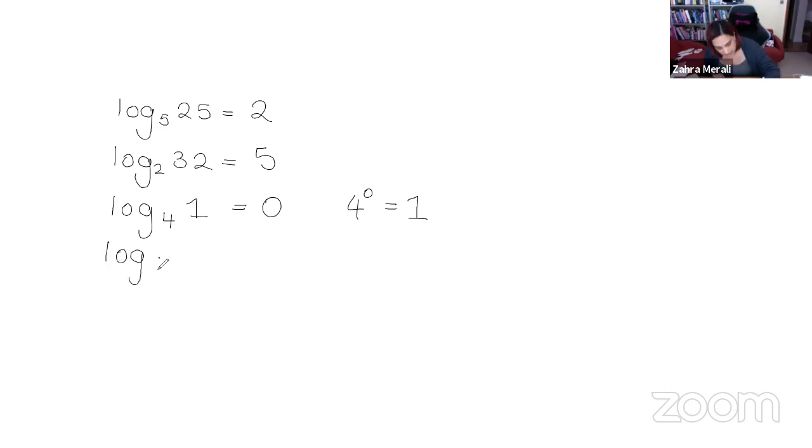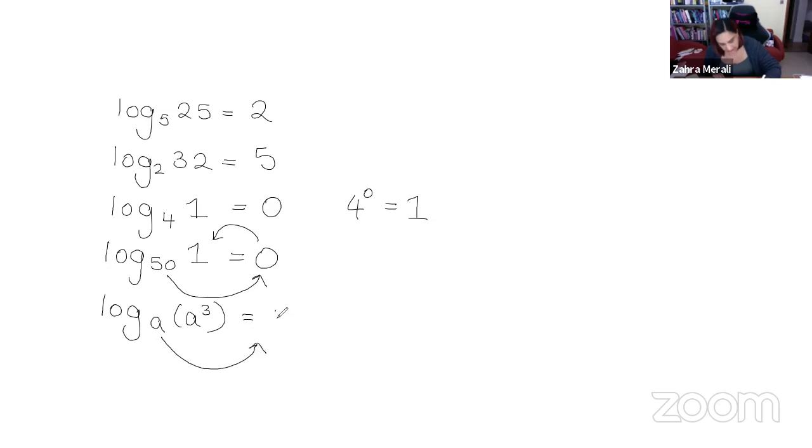I could make that base 50. Log base 50 of 1 would always be 0, because anything to the power of 0 gives you 1. What if I had log base a of a cubed? I'm saying a to the power of something equals a cubed, and that would be 3.